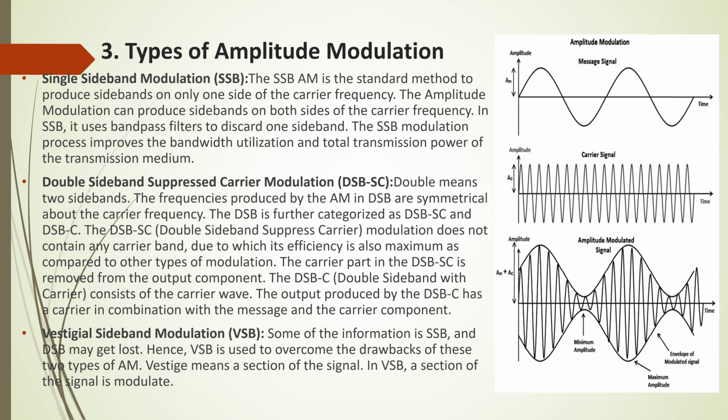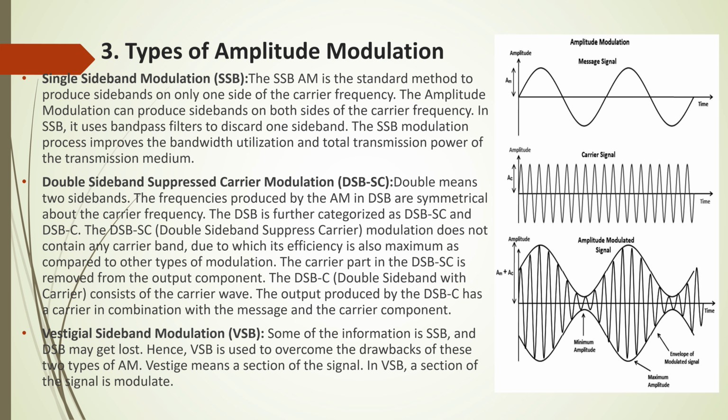The DSB-SC, double sideband suppressed carrier modulation, does not contain any carrier band, due to which its efficiency is also maximum as compared to other types of modulation. The carrier part in the DSB-SC is removed from the output component.